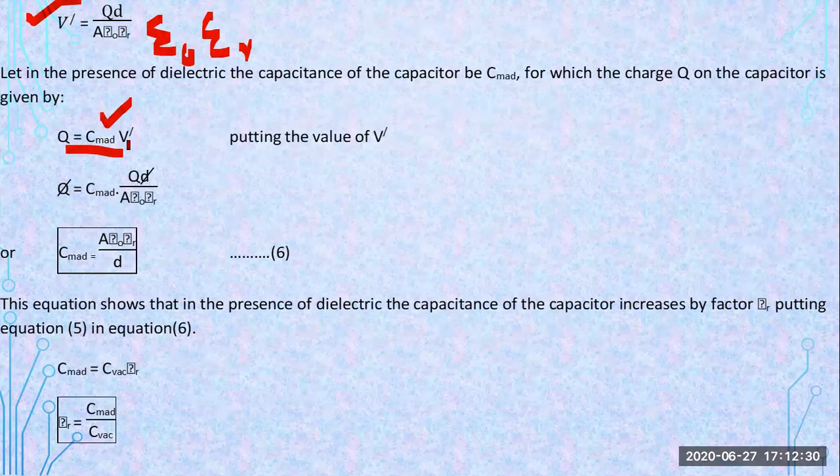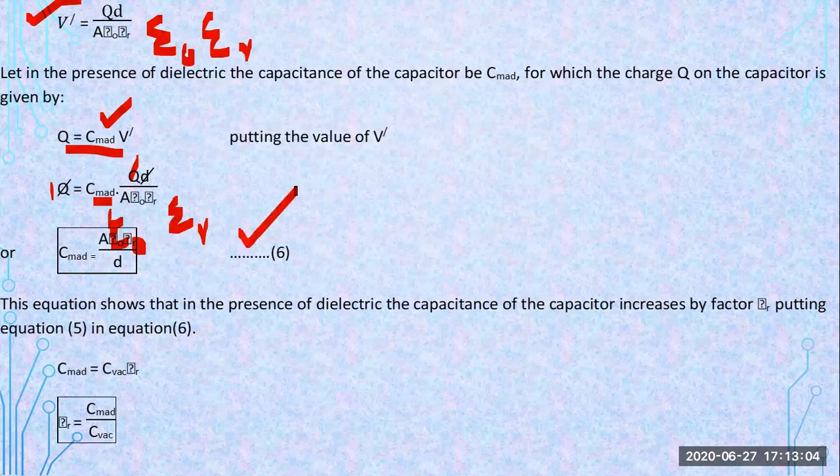This Q cancels with this one, and when you simplify, it will be epsilon naught epsilon r divided by d.